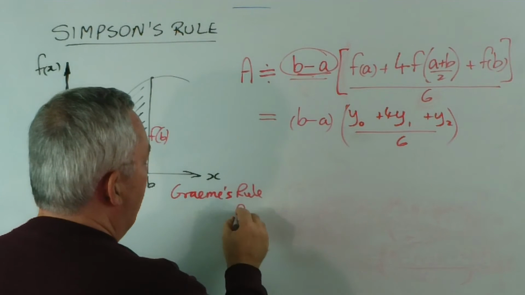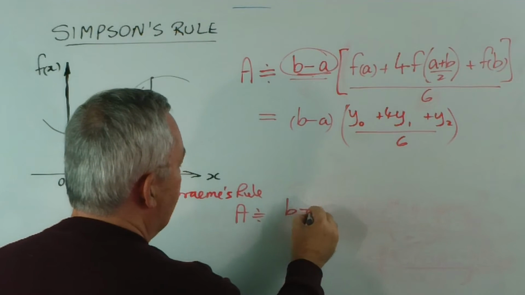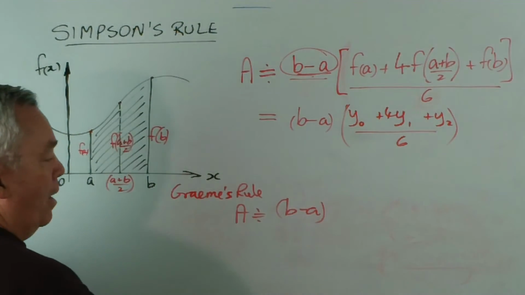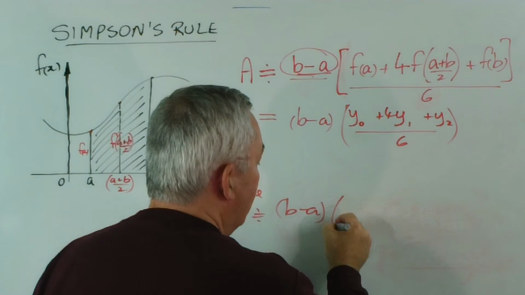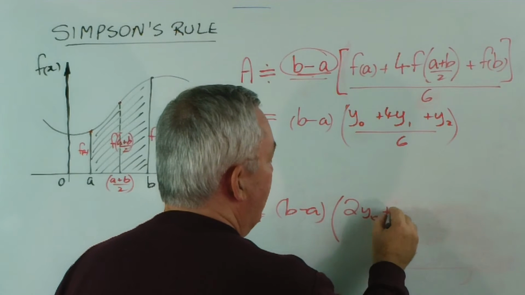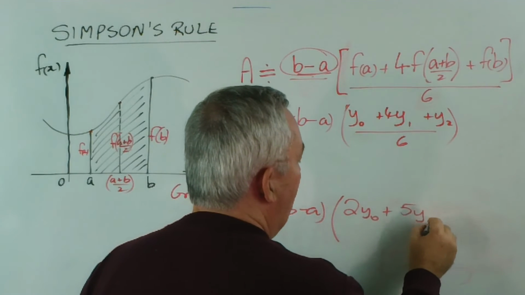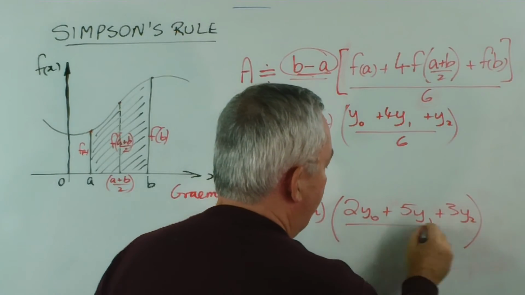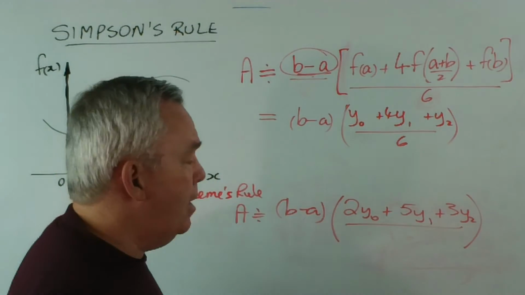I would say the area would be approximately b minus a. We can't change the width of this double strip here, but I might have 2 lots of y0 and 5 lots of y1 and 3 lots of y2, just because I felt like it today.